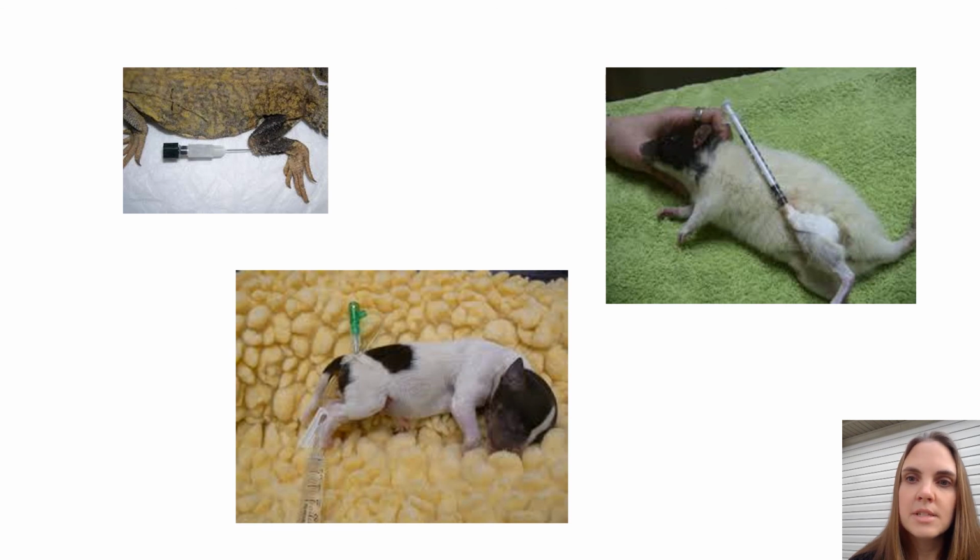I just threw this image in here just to kind of cement in your mind what a great blood supply bones have. We actually can put catheters into bones. We call them intraosseous catheters, and we use this often in small animals that are just too small for us to get an IV catheter into.